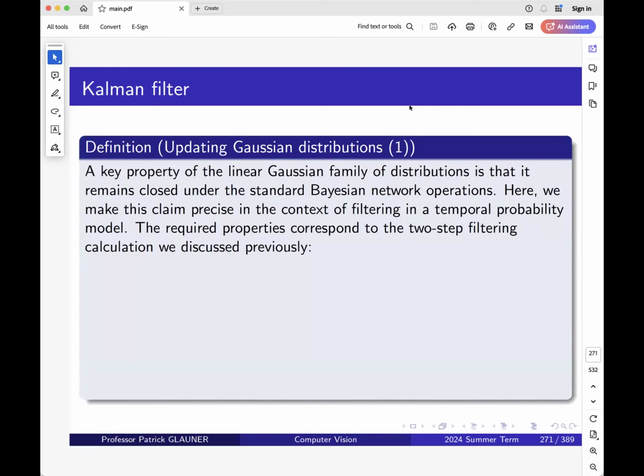And again, we actually have such a two-step filtering calculation. We've discussed this before in these highly generic temporal models. We're just doing now exactly the same specifically for the Kalman filter, where we assume continuous variables, we assume noise, and so forth.